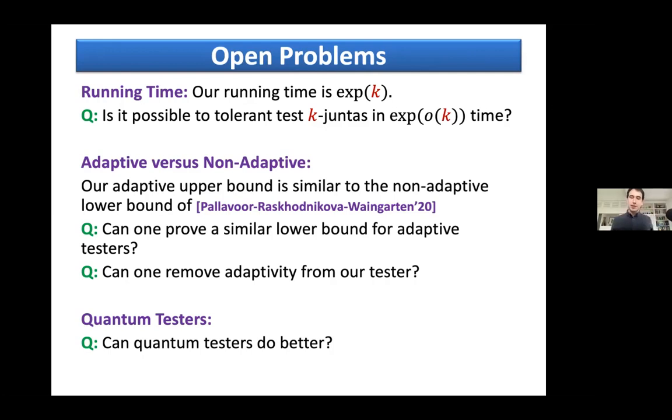So quantum testers might be useful because they allow us to sample from the Fourier distribution efficiently, but we need more ideas in order to get better algorithms for tolerant testing in the quantum setting. Okay, that's all I had to say, and I'll be happy to take further questions.